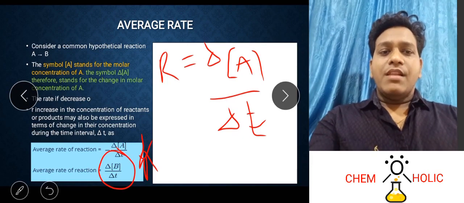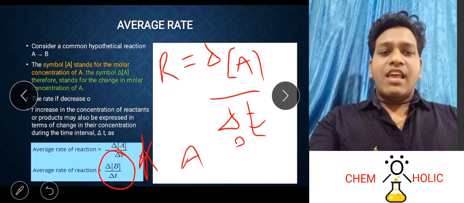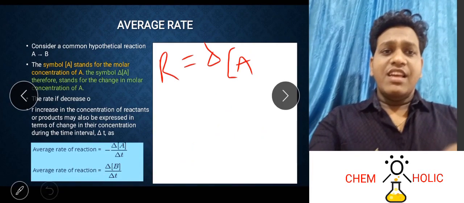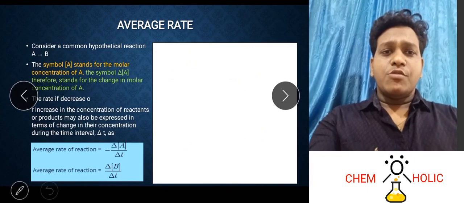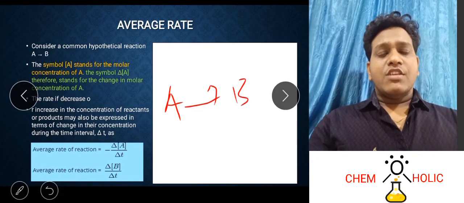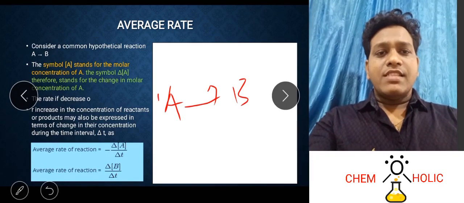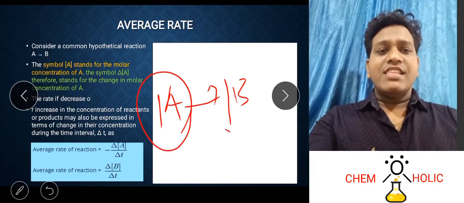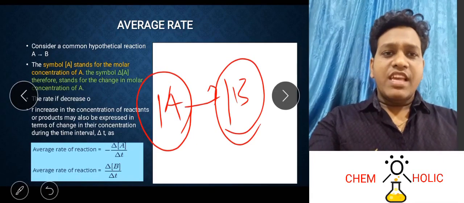For example, if A and B are two reactants, this is 1 mole and this is also 1 mole, so the number of moles of A is equal to the number of moles of B.